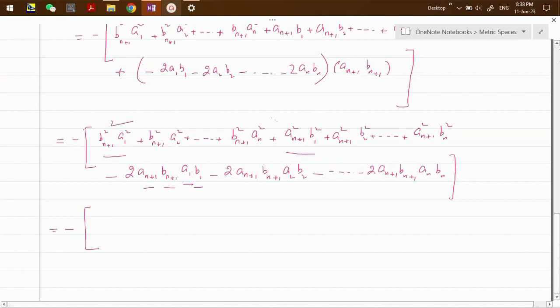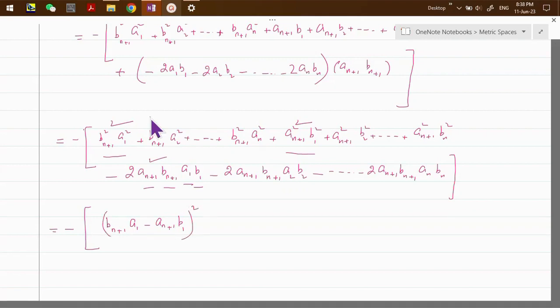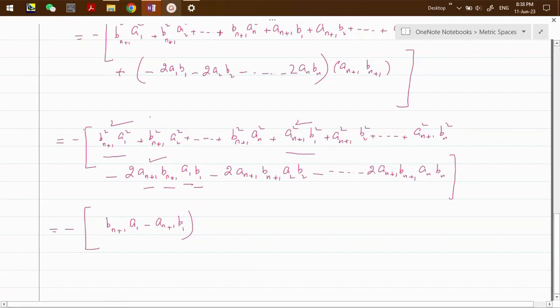So this term plus this term and this term, when we combine them, what we get? We get b(n+1) into a1 minus a(n+1) into b1 whole square, because these three terms will make a complete square.